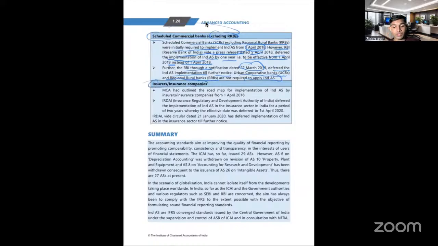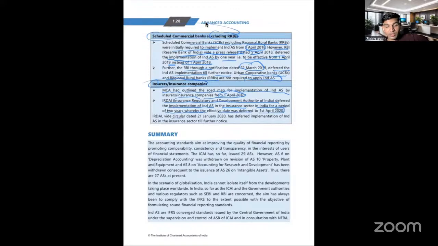Then insurance companies. The MCA had outlined the roadmap for the implementation of Ind AS by insurance companies from 1st April 2018. IRDA had deferred the implementation of Ind AS in the insurance sector in India for a period of 2 years, whereby the effective date was deferred to 1st April 2020.